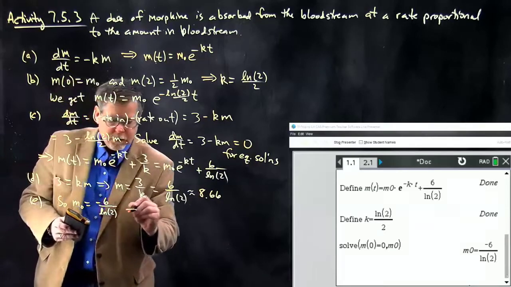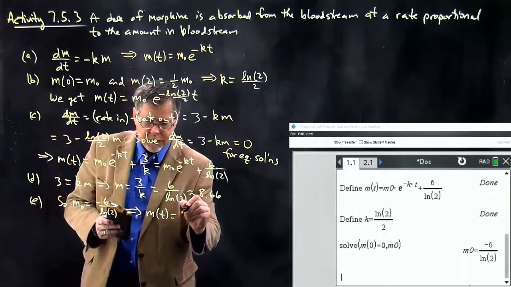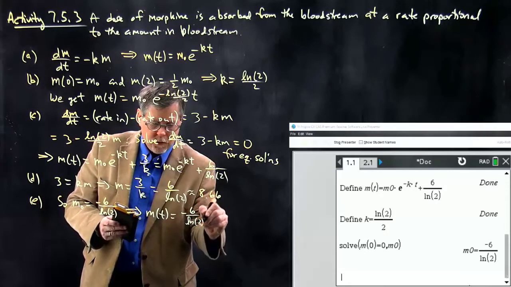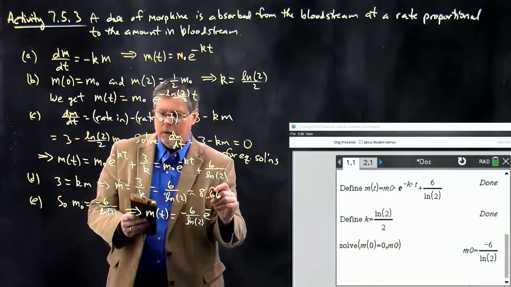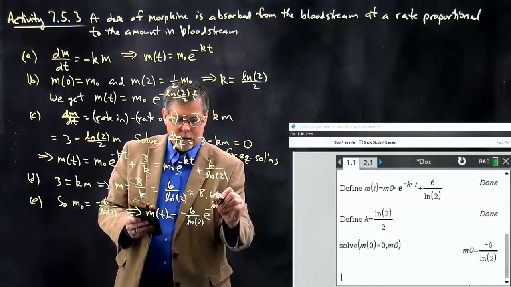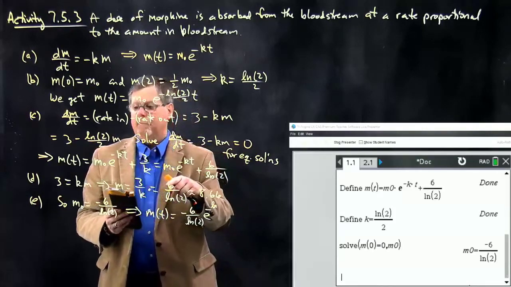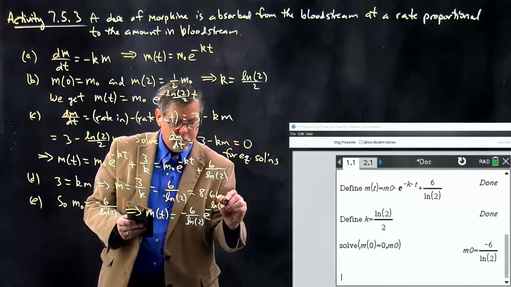Okay. So our new function then, if we fill in all the information we have, is going to be minus 6 over log 2 times e to the minus K, log 2 over 2 t.